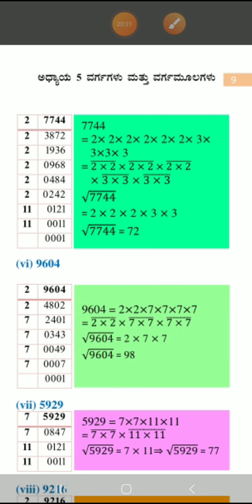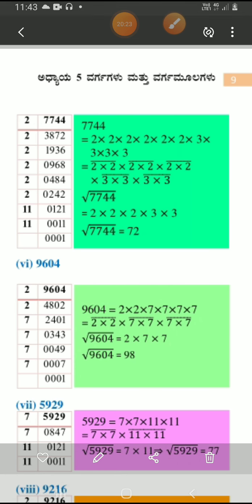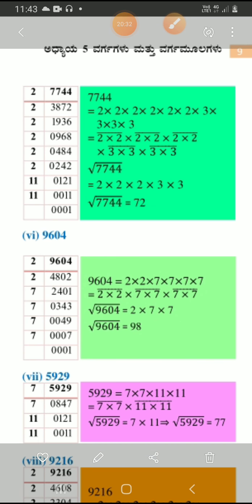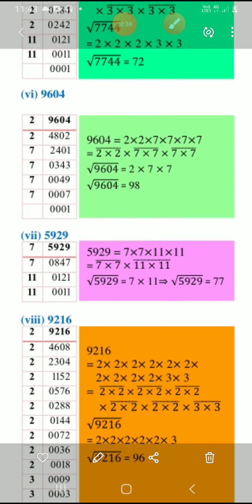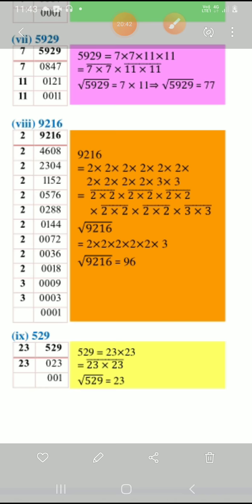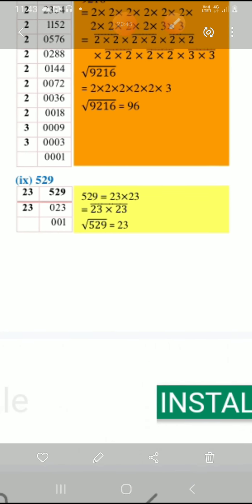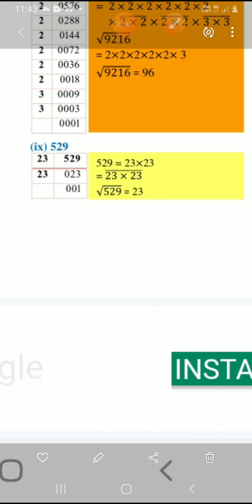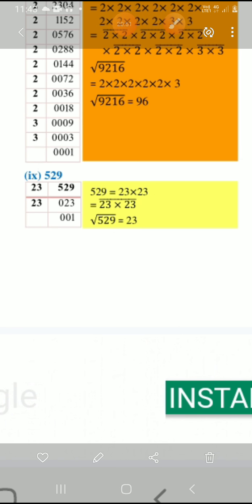So here 3 twos are there and 2 elevens are there, right? So the answer comes as 88. The same way for these problems, until 9 problems are solved, kindly do it in your rough book as well as in notes, and kindly show me on Saturday.